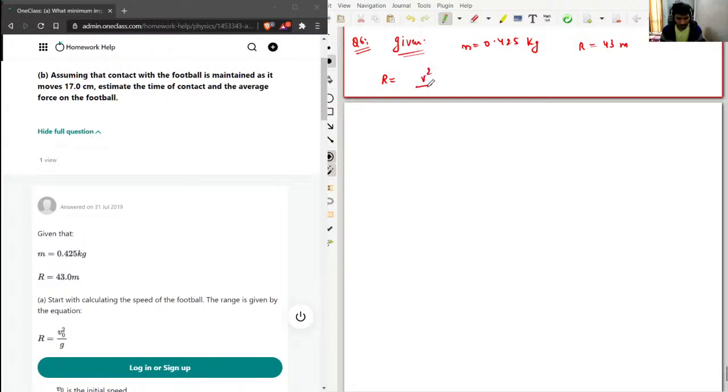So range is v square over g. So we can calculate velocity v. So v will be square root of r into g. So v will be square root of 43 into 9.8.